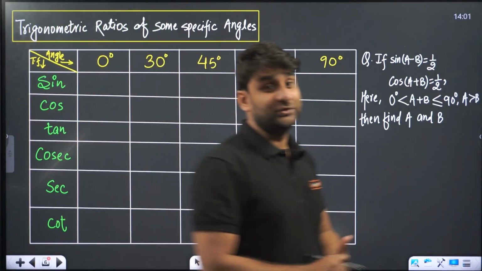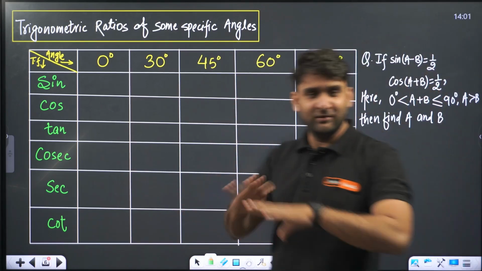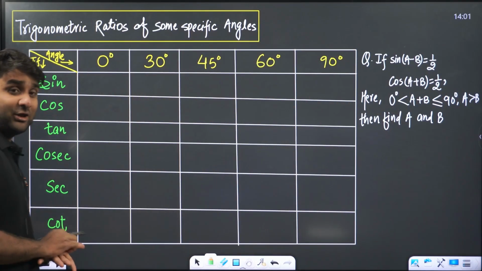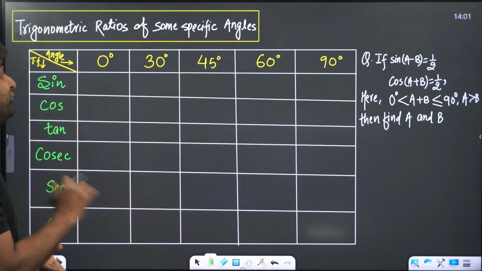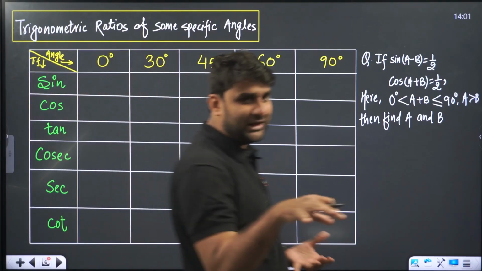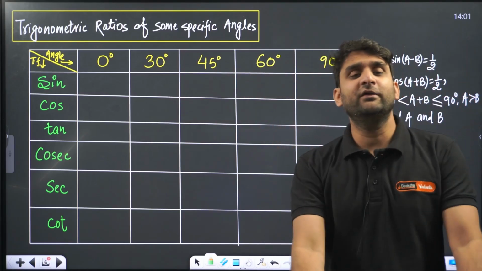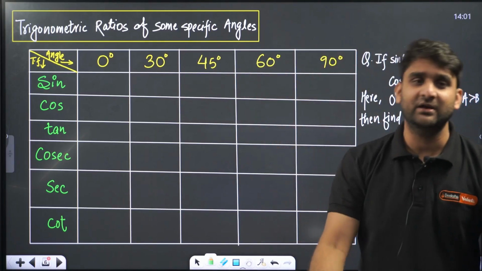Okay, so the next topic, this is fresh topic, absolutely fresh, champions, and the topic is trigonometric ratios of some specific angles. So in class 10th, we deal with 5 angles: 0 degree, 30 degree, 45 degree, 60 degree, and 90 degree, guys.